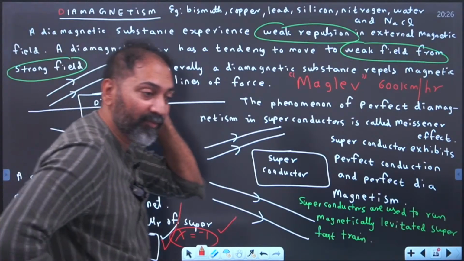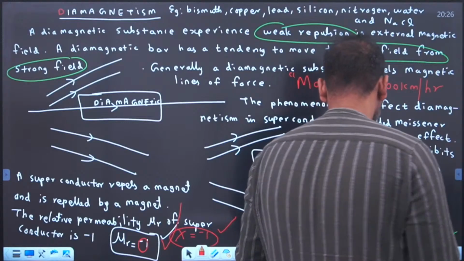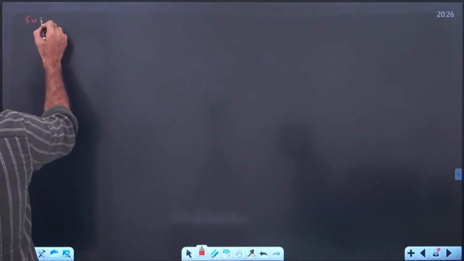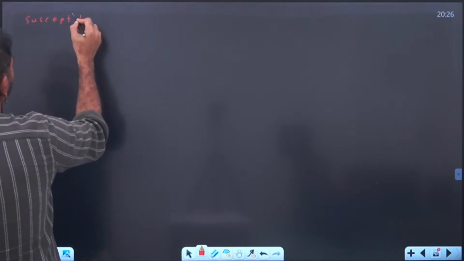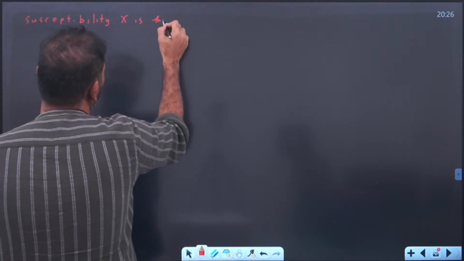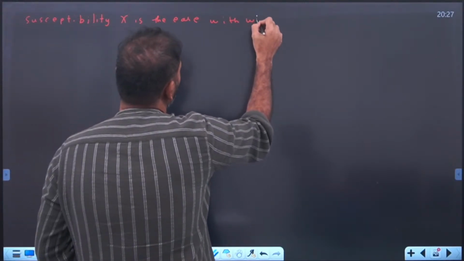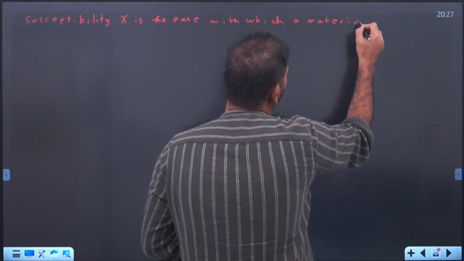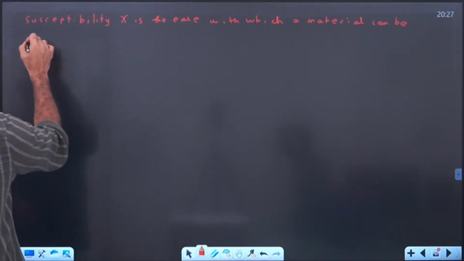Why chi equal to -1? Chi means susceptibility. Chi is the ease with which a material can be magnetized.